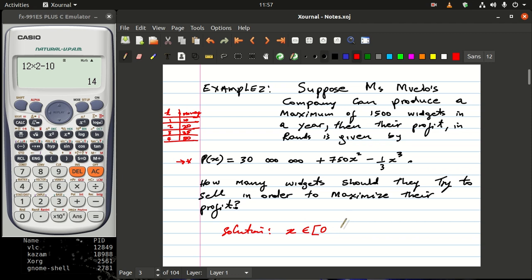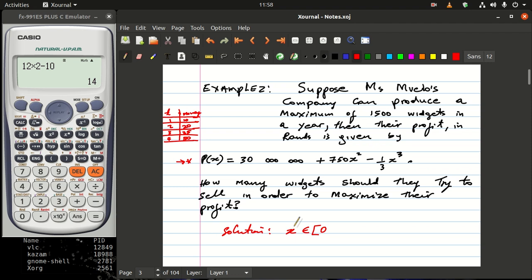When you are selling, you will have positive quantities, but here they are saying that the company can produce 1,500 widgets. So if they want to sell, they cannot sell more than 1,500 widgets, because this is the maximum they have.